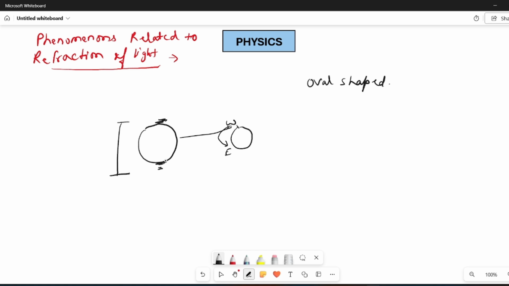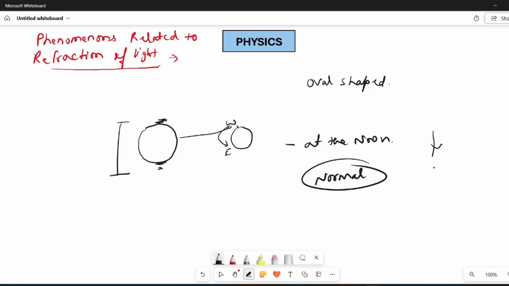Now, what is the real size which you can see of the sun? That happens at noon. At noon, the sun is directly above you, and the rays of light enter the atmosphere directly at the normal. Whenever in refraction light travels at the normal, there is not going to be any process of refraction.